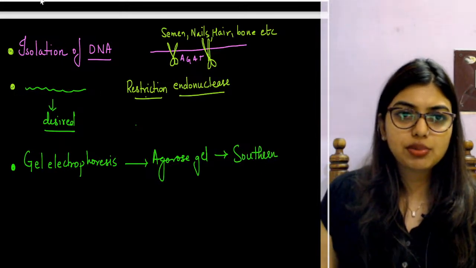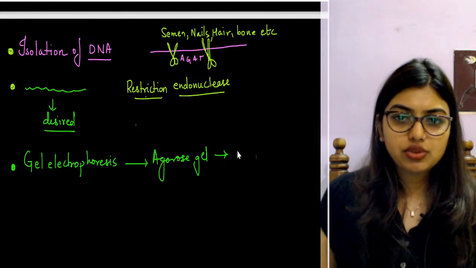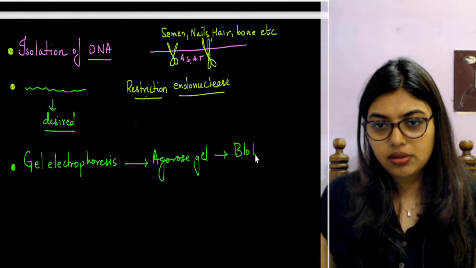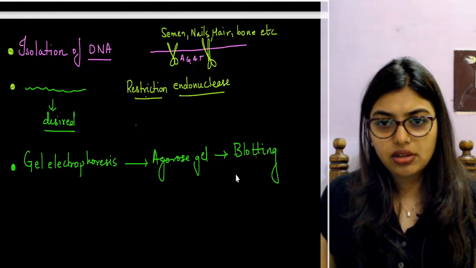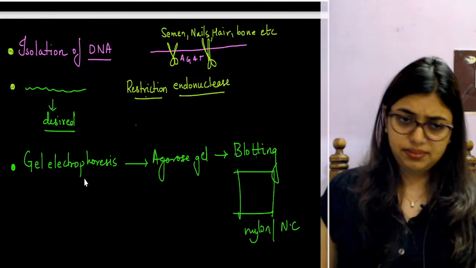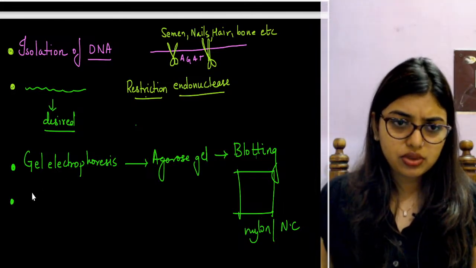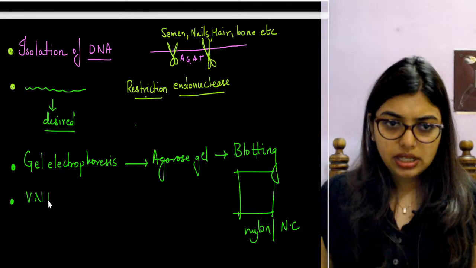They have not told which blotting. It can be southern, western blotting. Different types of blottings are there. So we will do just blotting, and get the copy of it on a nylon or a nitrocellulose sheet. After the nylon nitrocellulose, we will use a VNTR probe.